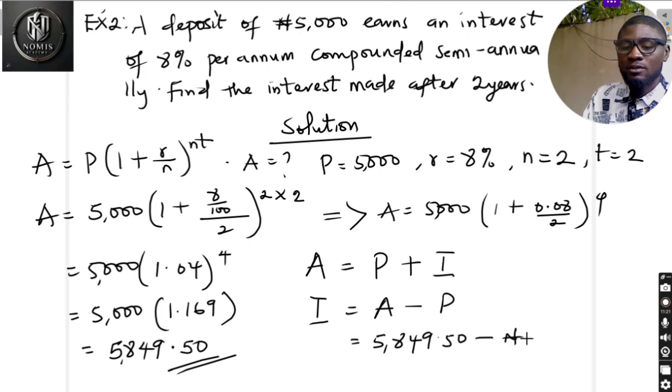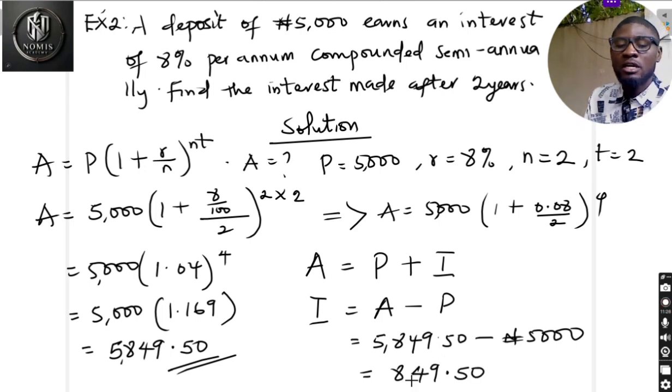When we subtract that, we end up having 849.50. So this is the compound interest at the end of 2 years.